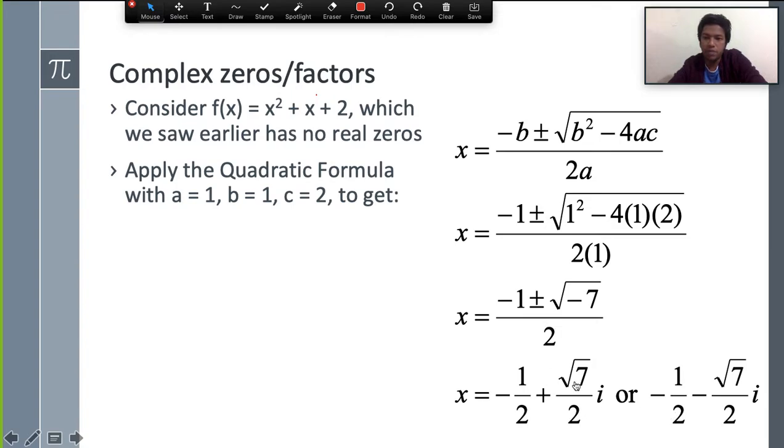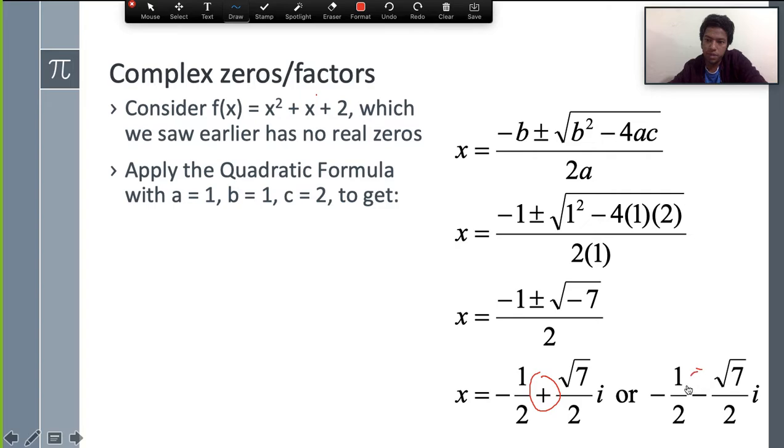One is minus half plus (√7 / 2)i, or minus half minus this. See one important distinction between these two numbers. Everything is the same, just the positive sign and the negative sign are different.